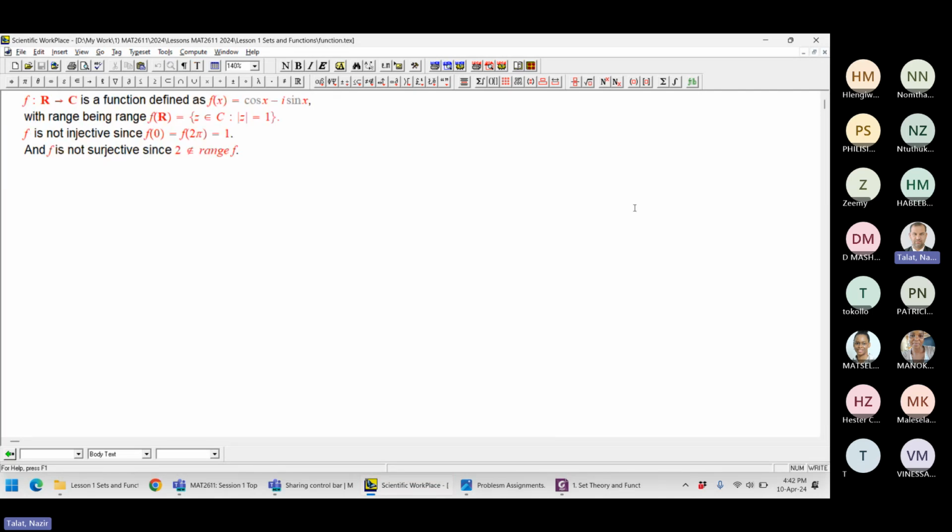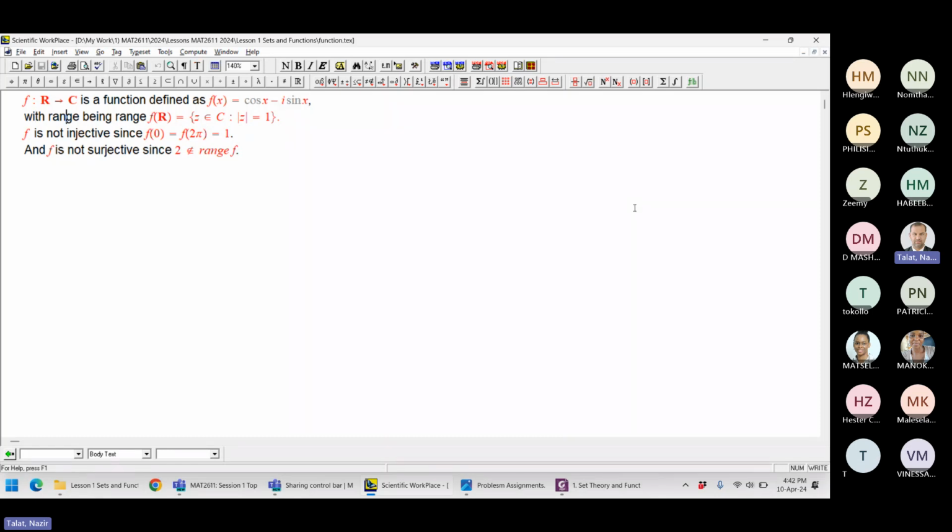And here we can also see another function. Suppose that f is a function defined from the set of real numbers to the set of complex numbers, where the elements are in the form of a real part and an imaginary part.